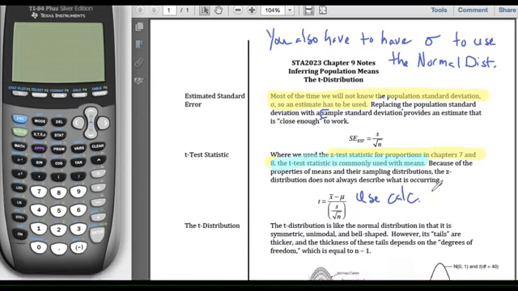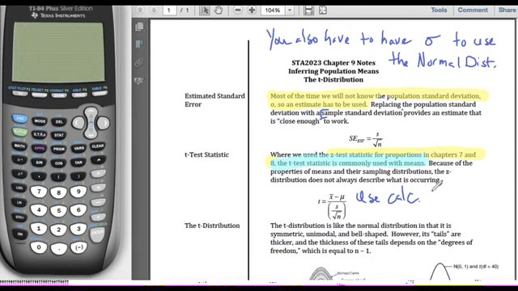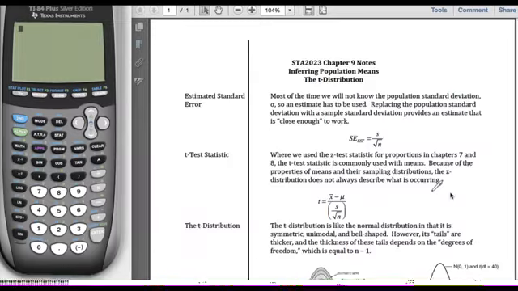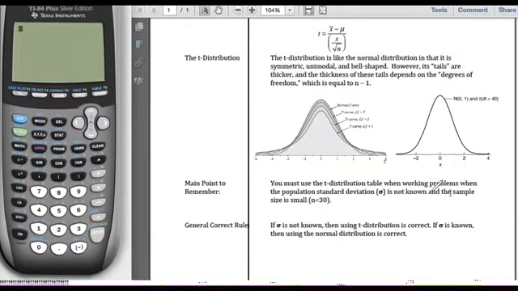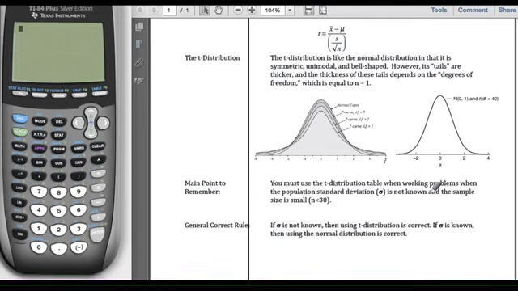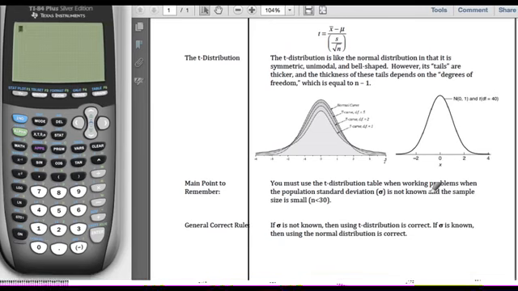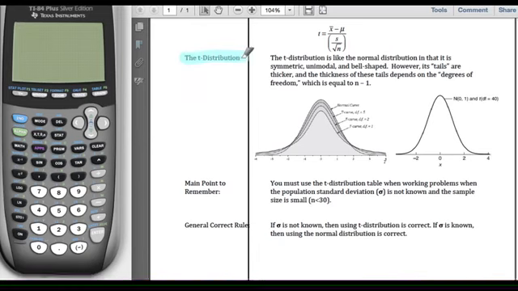Just like back in Chapter 8, we used the calculator to find the z-test statistic every time. We are using the t-test statistic because oftentimes the t-distribution is used with means. And in fact, in this class, every time we're dealing with means, we're going to use the t-distribution for our hypothesis test.